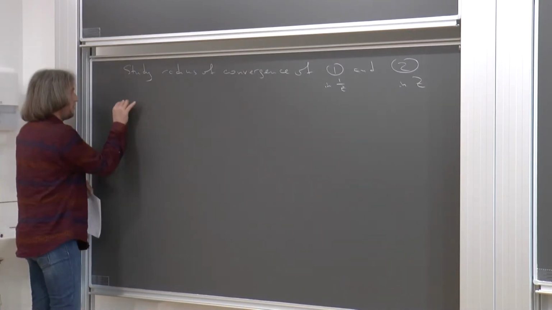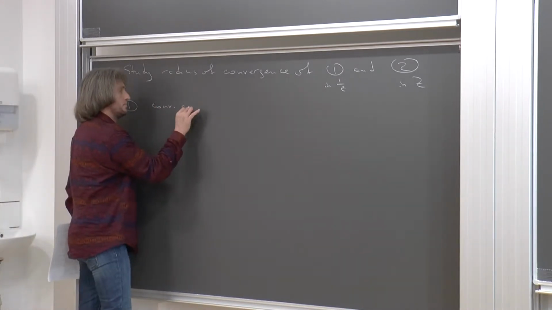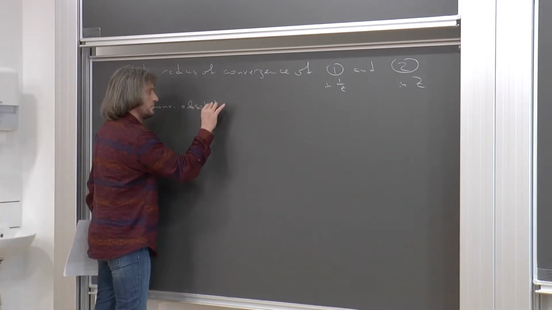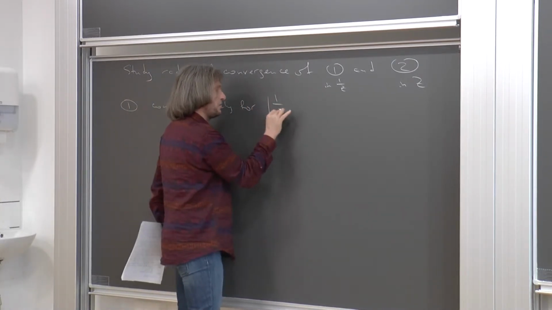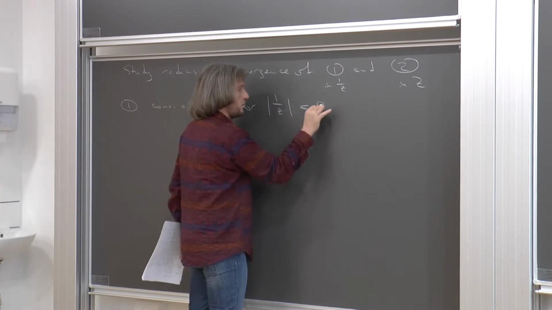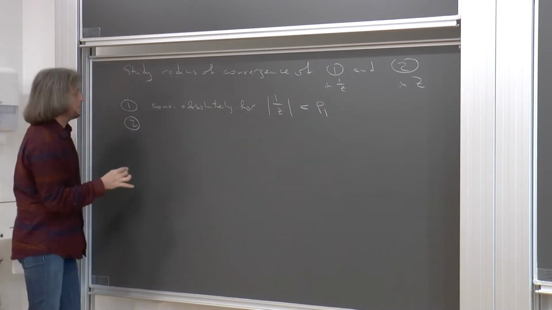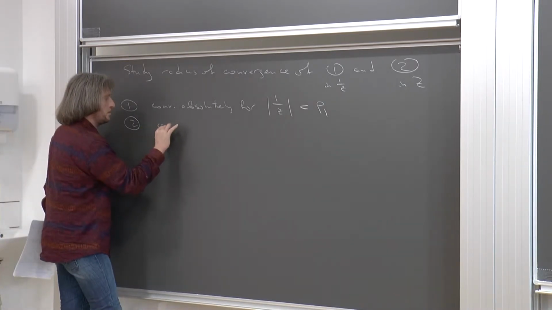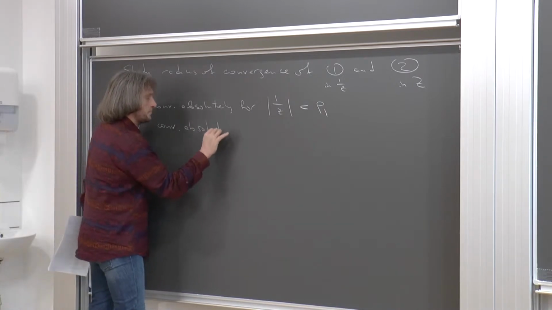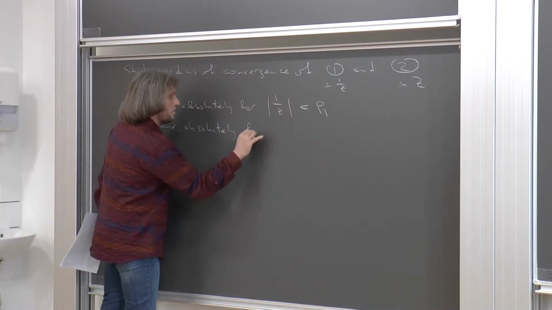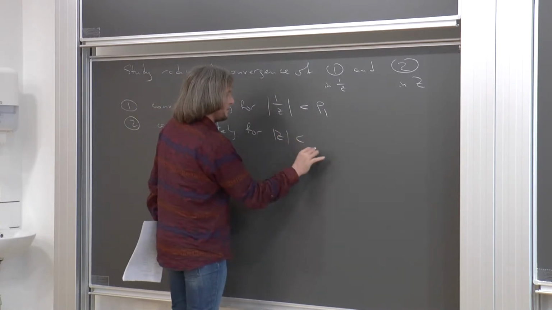So let's say that the first one converges absolutely for absolute value of 1 over z less than rho 1. And the second sum converges absolutely for absolute value of z less than rho 2.